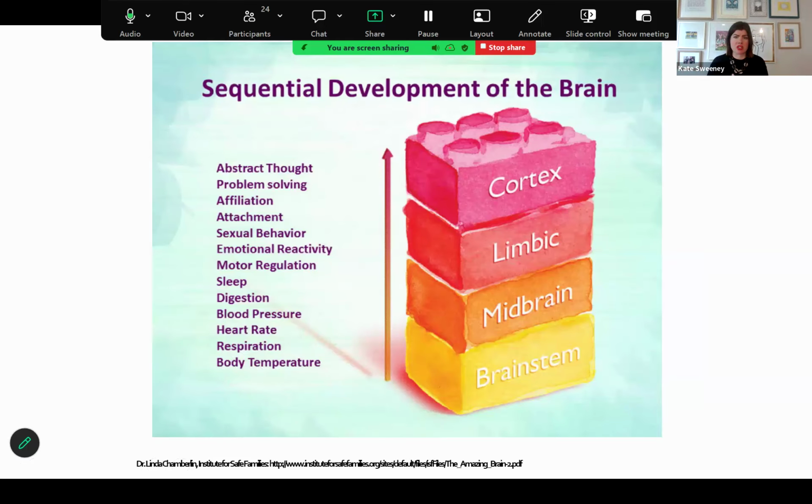Those are all physiological things happening in the brain stem and midbrain. And any of our skills that we consider to onboard later in development are dependent on the regulation and stability of the foundation of the brain.